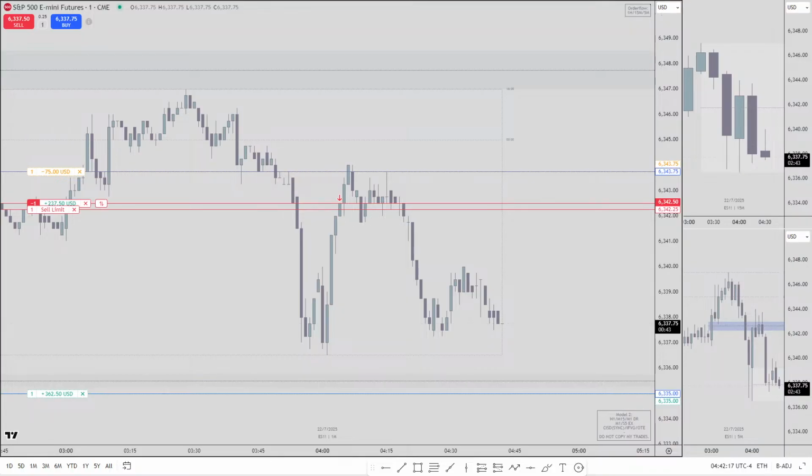We only have 3 minutes left for the 15 minutes candle. This is going to be another inside candle if it is going to close like this. Hopefully not. Hopefully it's not an inside candle.